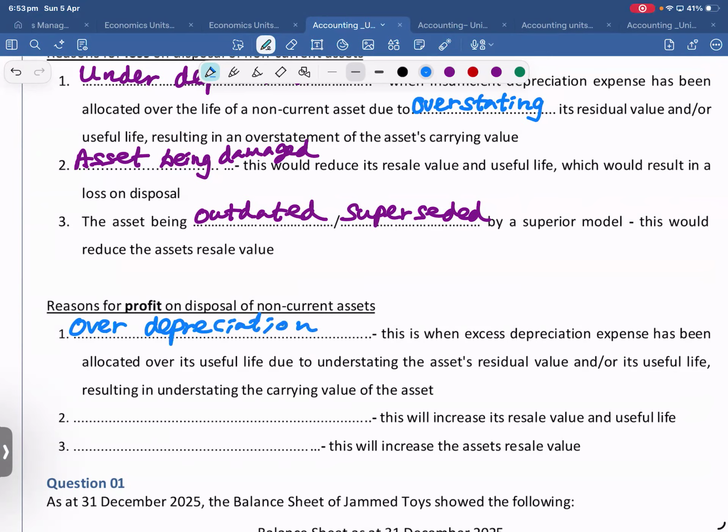What if you update your asset in between? Then, depending on your selling price, you will make a profit or loss. Then other factors, like there may be one or more factors that are affecting the profit or loss.